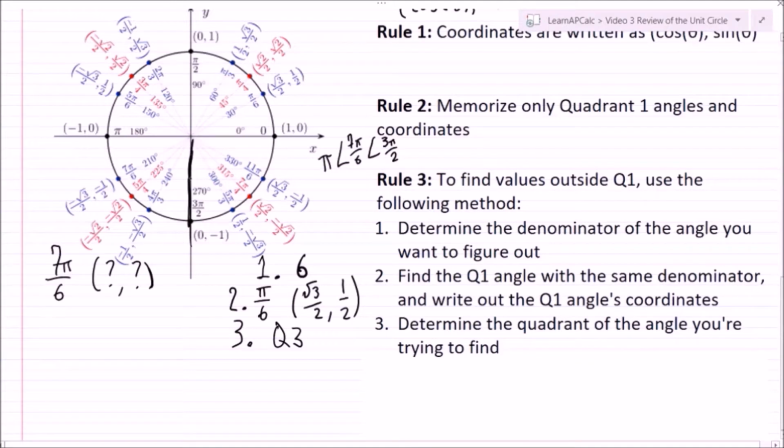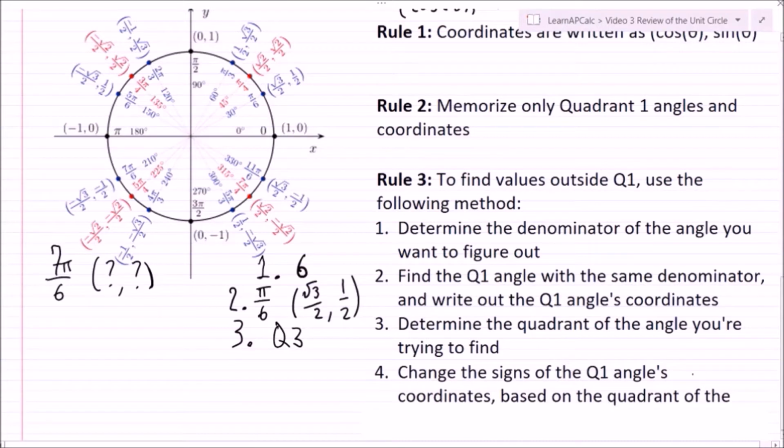So less than this, but greater than this, which is the third quadrant.